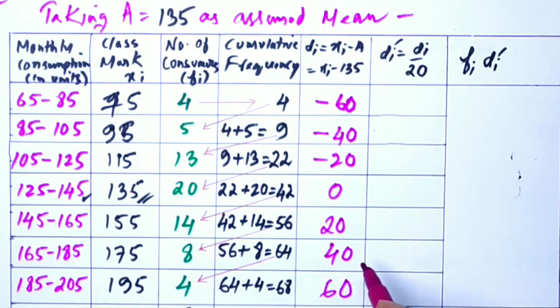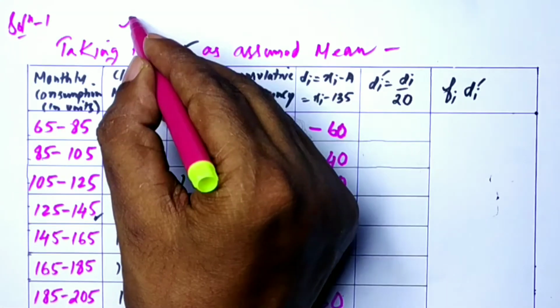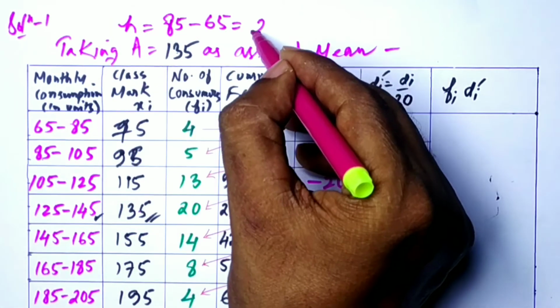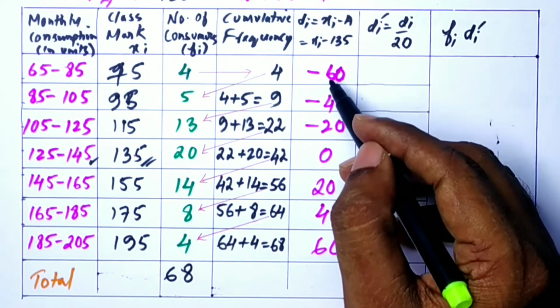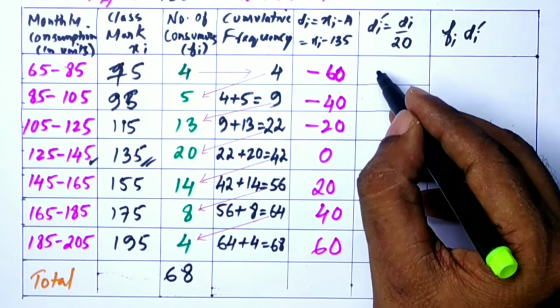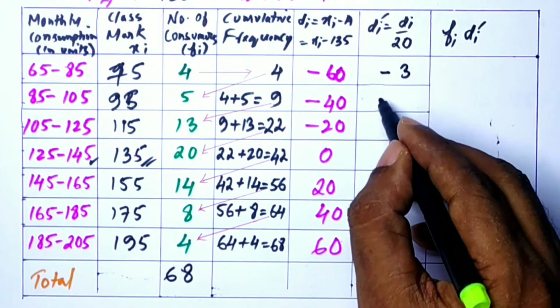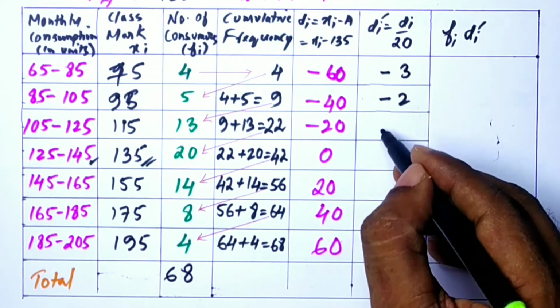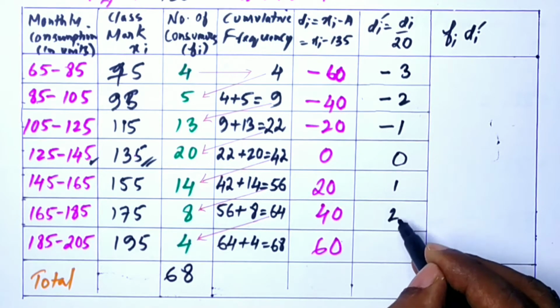Now here we see that 85 minus 65, which is our class size h, is 20. So we divide minus 60 by 20 to get minus 3, then minus 2, then minus 1, here 0, and here it will be 1, 2, 3.